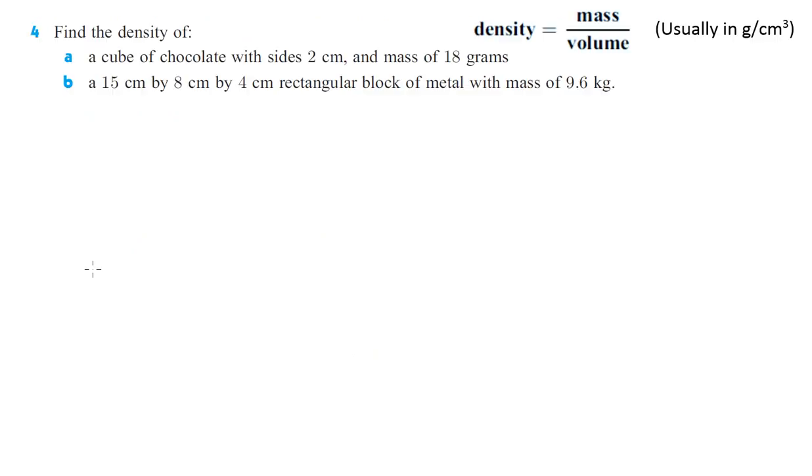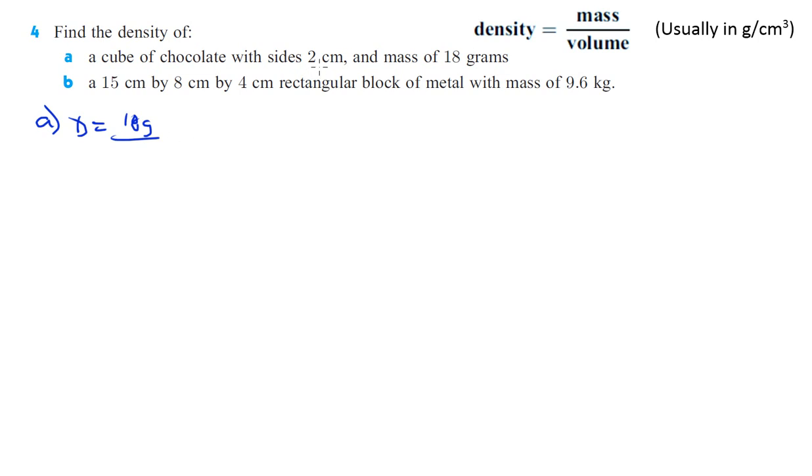Okay, let's move on to the next one, number 4. Find the density of a cube of chocolate with sides that are 2 centimeters and mass of 18 grams. So we've got density equals the mass, which is 18 grams, over the volume. We don't know the volume, so we actually have to calculate it.